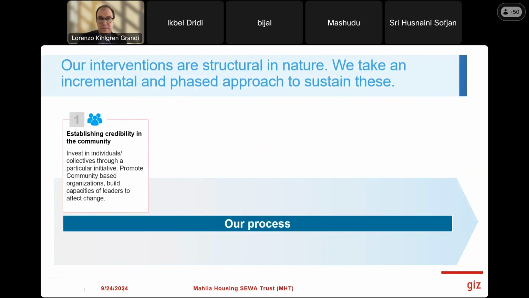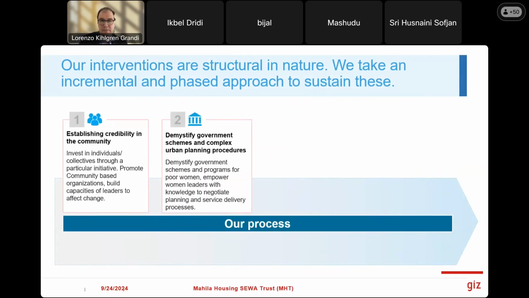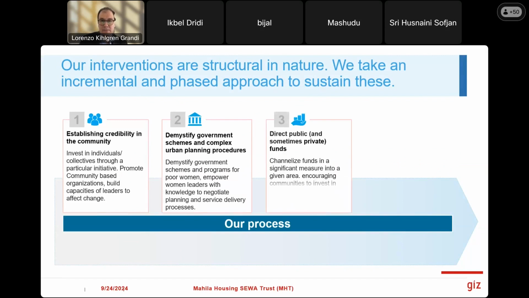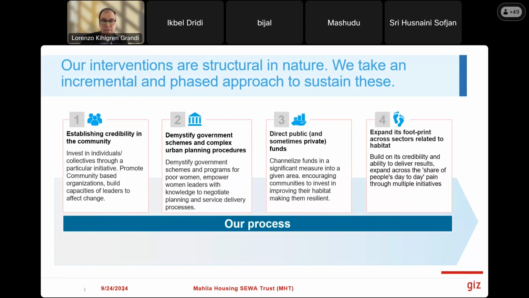So what we do is, we enter into communities and start talking to them about what their first needs are. It will obviously be at household level initially: access to water or sanitation or better housing or land rights.